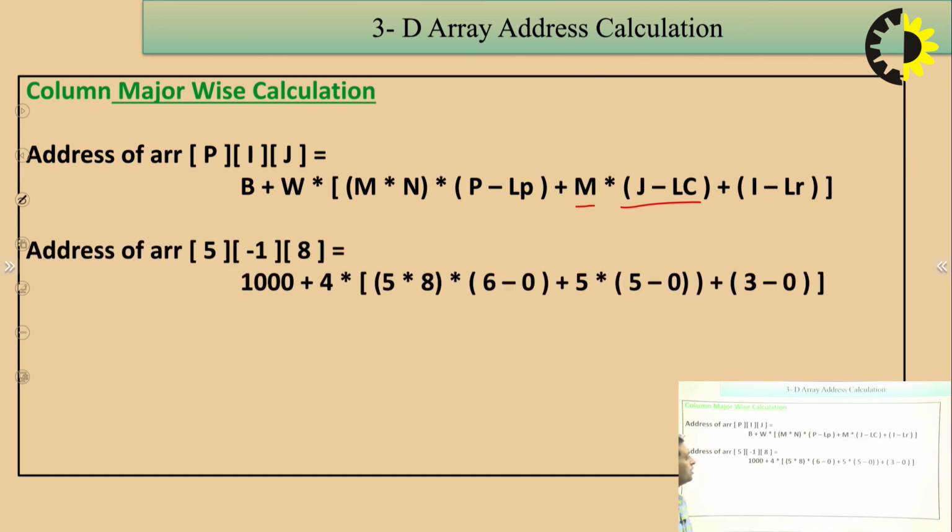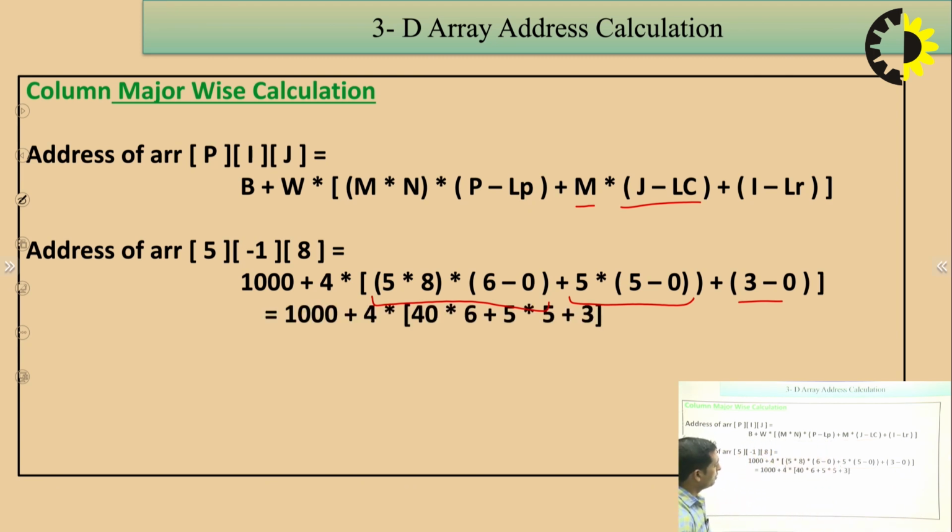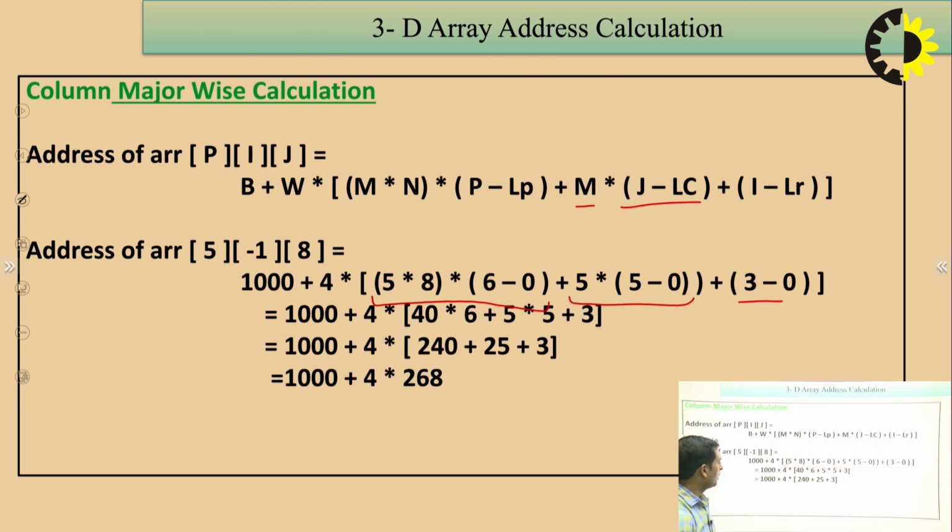Now put the values here: 1000 plus 4 into 5 into 8 into 6 minus, this is the number of elements present in the pages before the element on which it is present, and the number of column elements, because this storage is column measure, and the number of elements before that particular element, that is 4. Just put the formula.